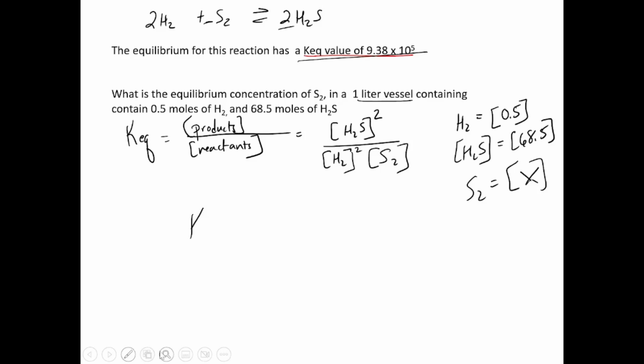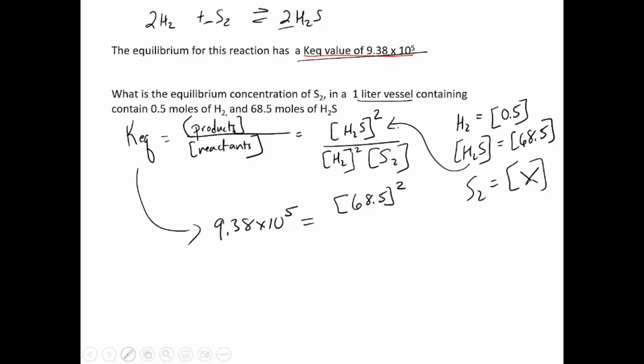So I can take that and say, I know that 9.38 times 10 to the 5, that's my KEQ, equals the concentration of H2S squared, so 68.5 squared, I'm just substituting that number in, divided by 0.5 squared, I'm substituting the value of H2 in, times X, which is going to be the concentration of S2, the number of moles of S2 in that liter vessel. Now this becomes just a math problem.